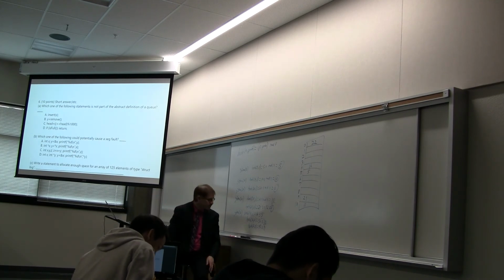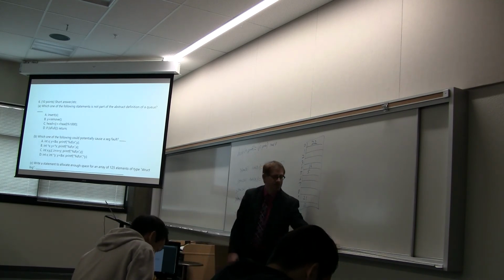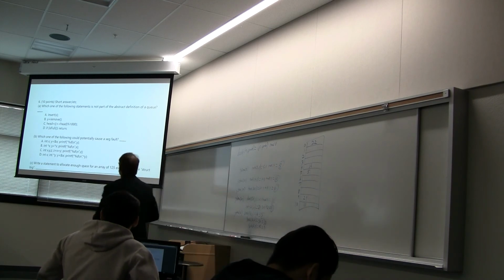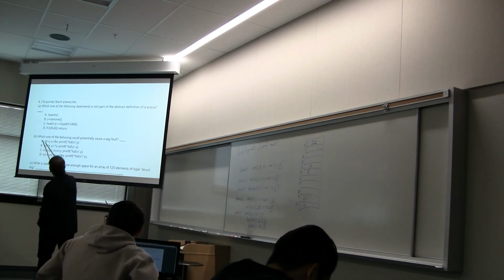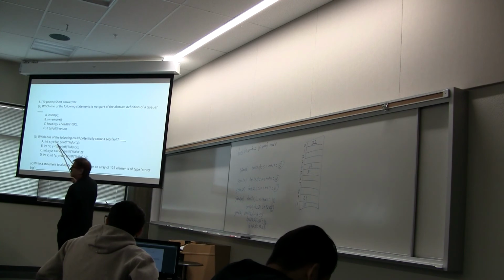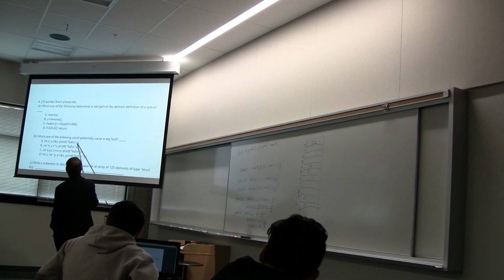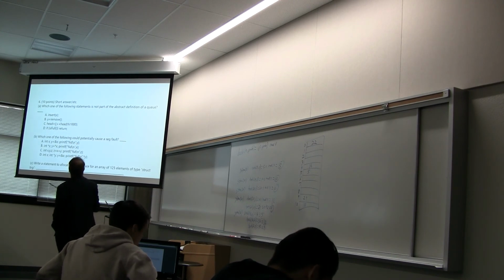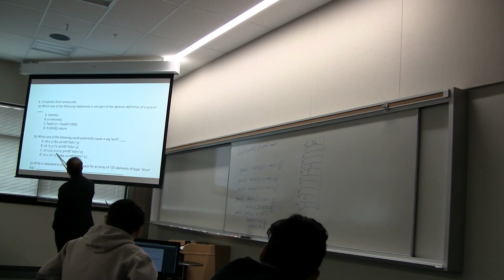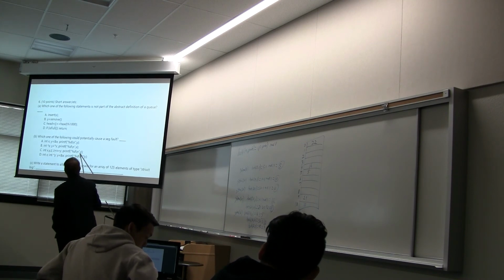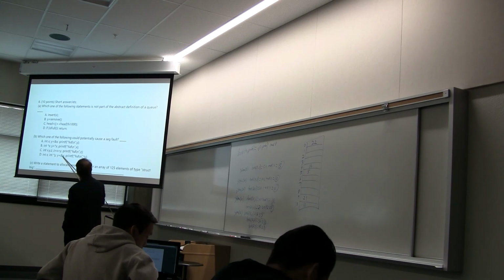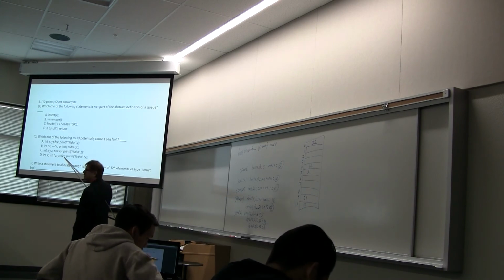Which of the following could potentially cause a seg fault? So this is saying x is an integer, y is the address of x. That's always safe to say, and we're printing out the address. That's perfectly fine. This is just taking z, setting it equal to x plus y, and printing z. That's perfectly fine. This is saying y is a pointer to an integer, set y equal to the address of x.